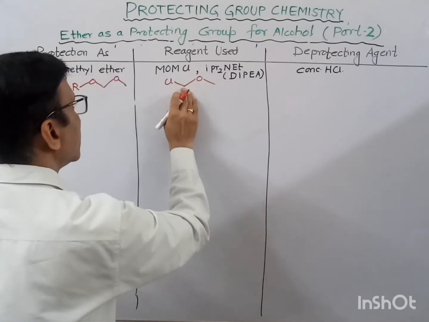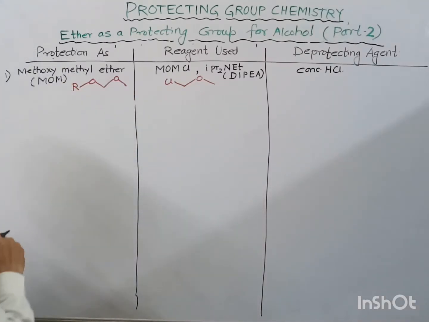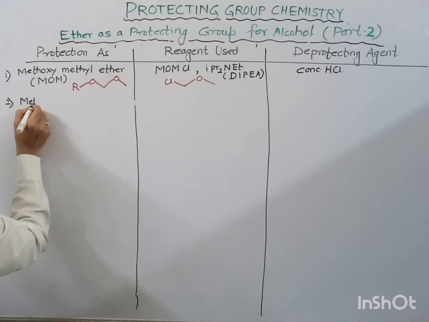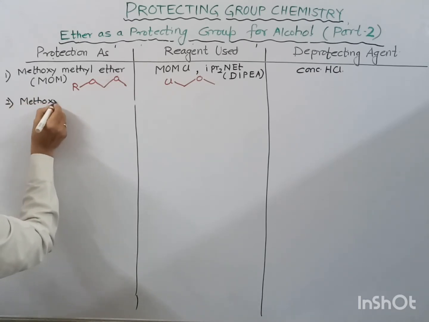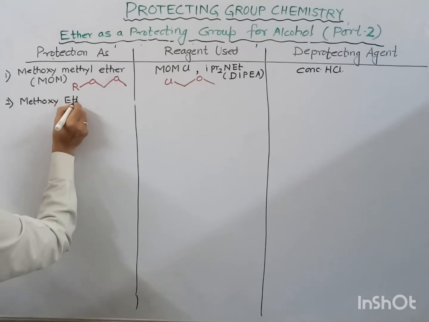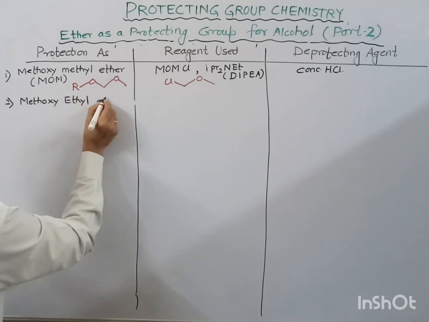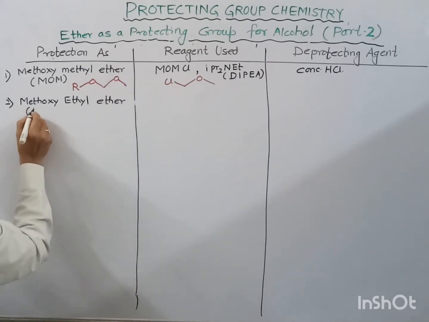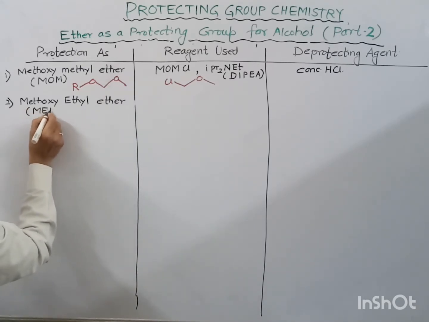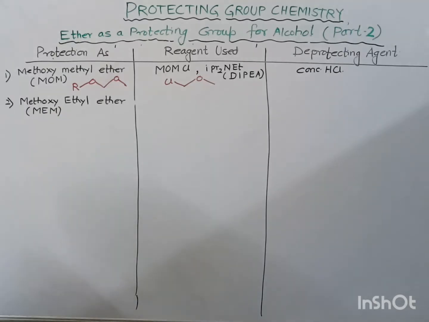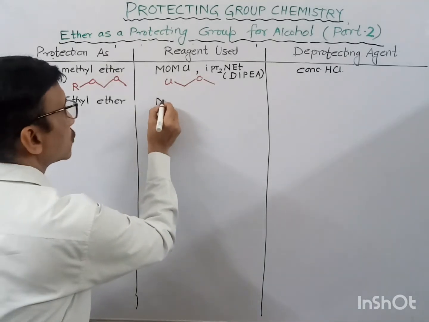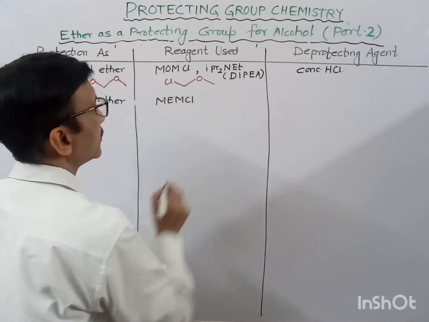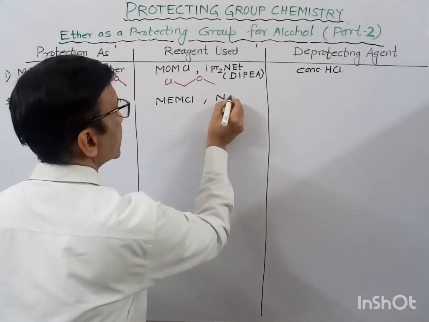We use the reagent methoxy methyl chloride. The second one is MEM, that is methoxy ethoxy methyl ether, and in short form we call it MEM. The reagent used is MEM chloride, MEMCl, and we can use some base like sodium hydride.